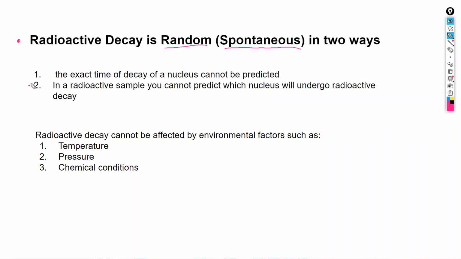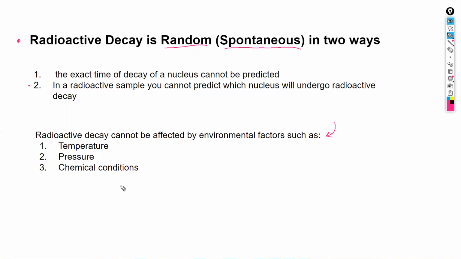If you do the experiment 1,000,000 times, every time you do it, you're going to get a different result. Now, with us, we only did it with 8 atoms. Obviously, in real life, like I said, it's billions and billions of atoms, not 8, okay? And the thing about radioactive decay, the random nature, is not affected by temperature, pressure, or chemical conditions.